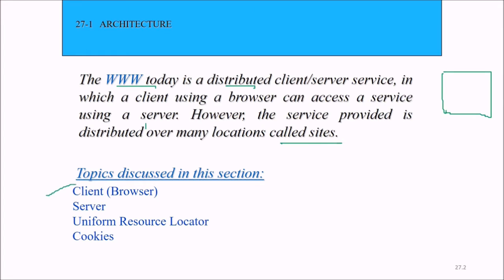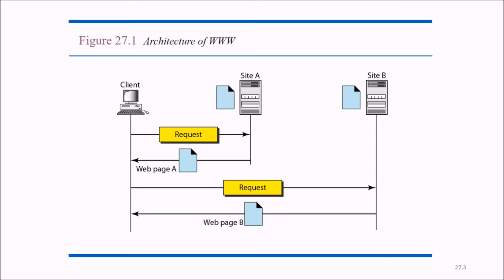So we'll see the client, that is the browser. As I said, it can be IE, Opera, Firefox, there are so many. So client, server, URL, uniform resource locator, and what are cookies. This is a simple architecture of World Wide Web. When a client sends a request to a site, say A, site A will send the web page to the client.